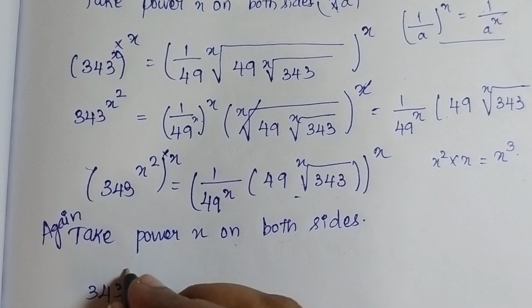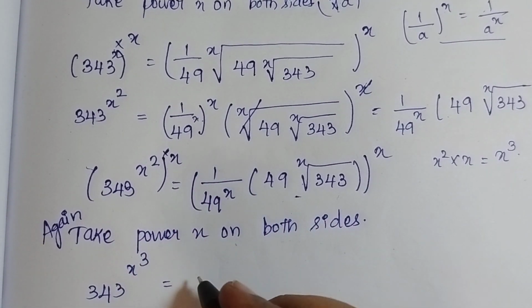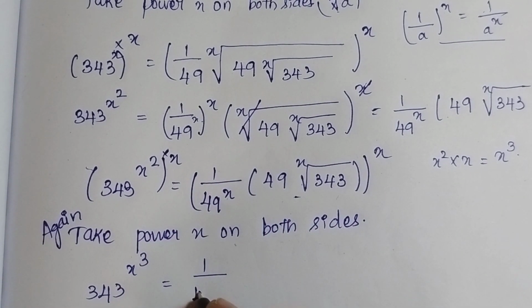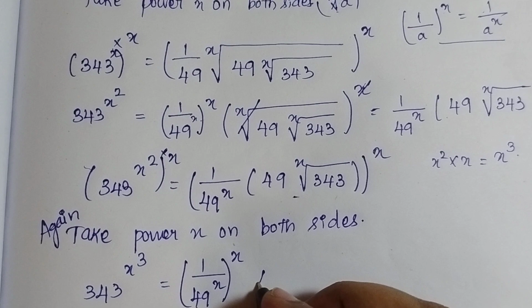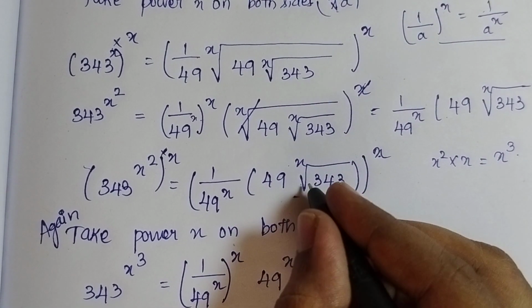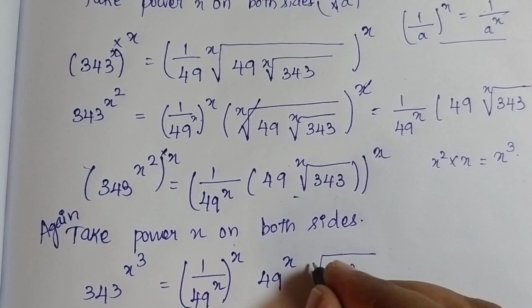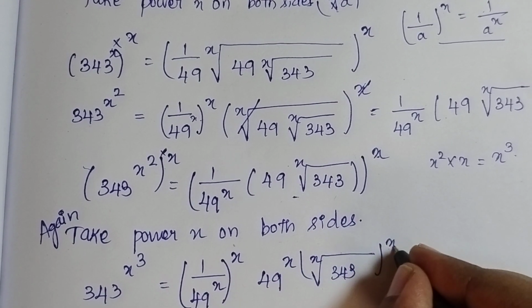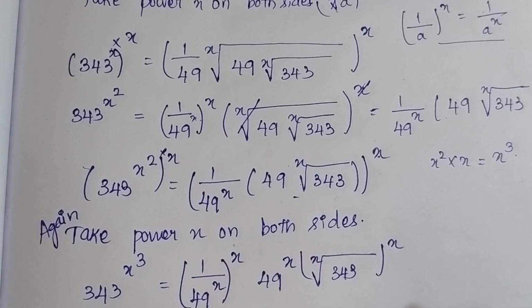Both get multiplied, therefore it becomes x cube, which is equal to, and this can be written as 1 divided by 49x the whole power x, and here 49, this x will come here, and I'm going to write this x likewise. Okay, I'm just splitting and giving its own power.